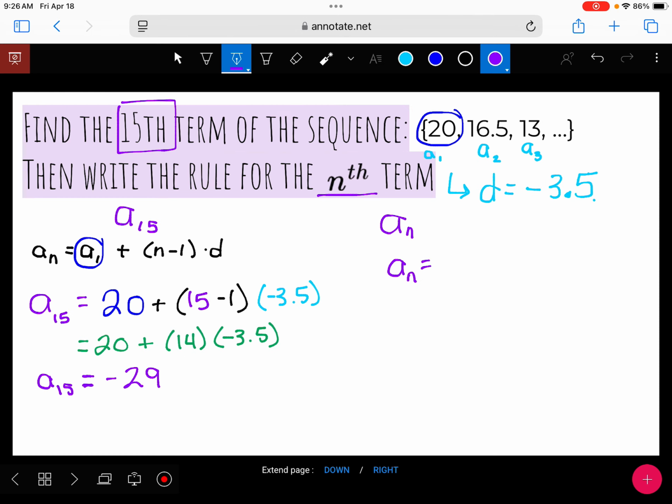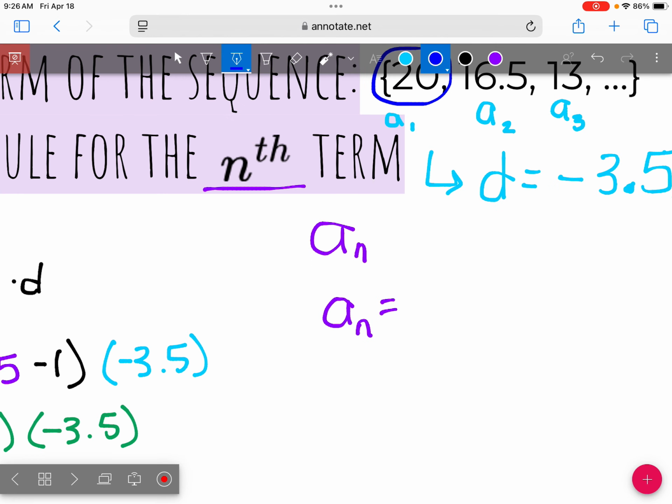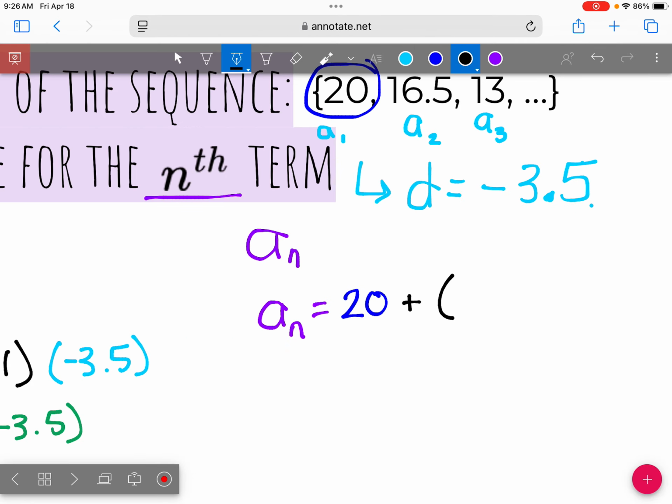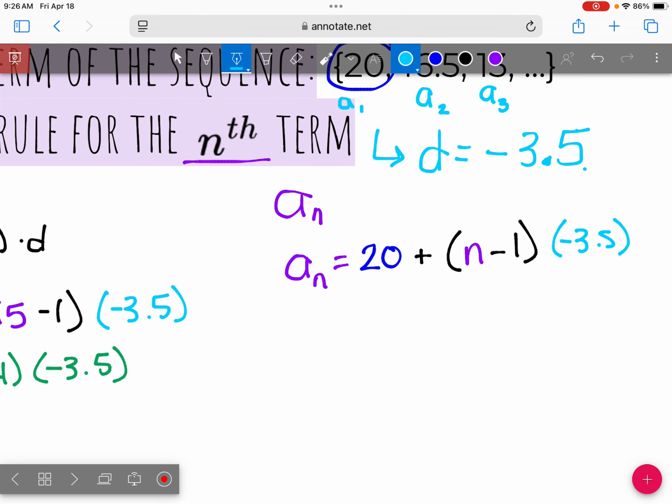Our a sub n is going to equal our a sub 1, so I'm going to put my 20 plus our n minus 1 times that negative 3.5, which is technically correct, but not very good math grammar.